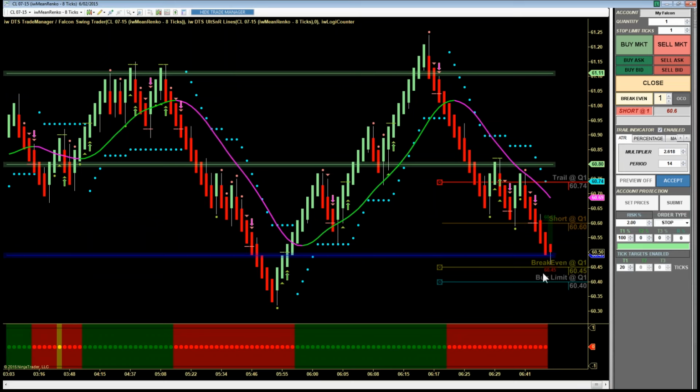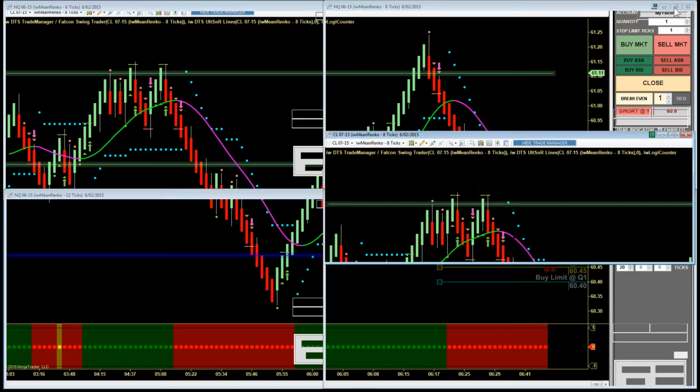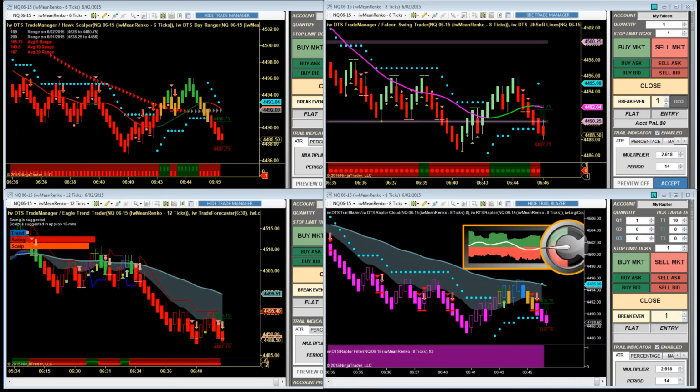So a nice little progression lower, and starting to see the buyers firm it up a little bit. We'll see whether or not we can at least get to our break even stop. Otherwise, if I start printing green bars here, I'll probably force it to break even. We will see.